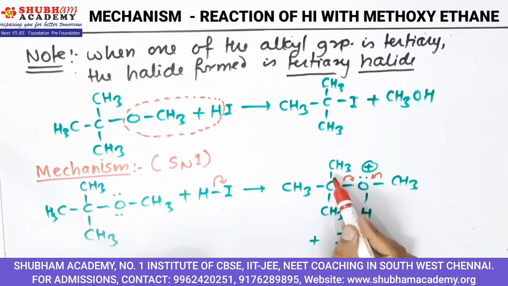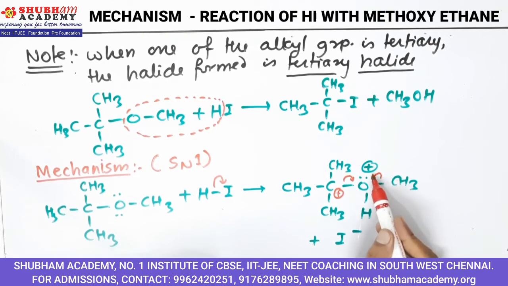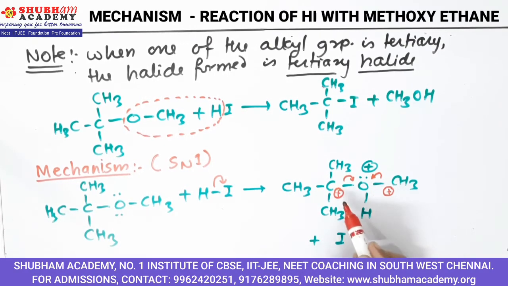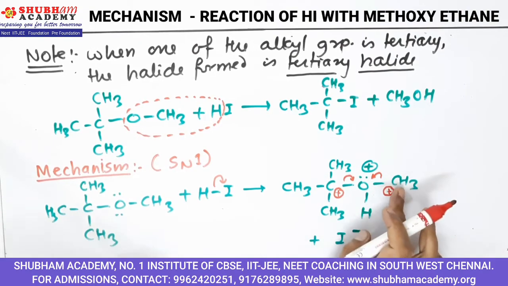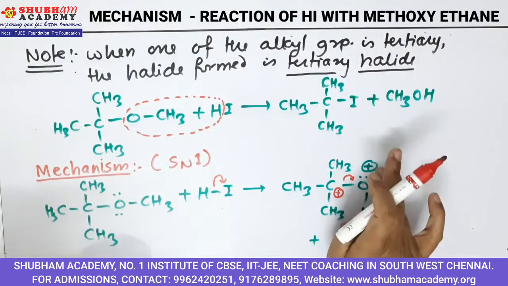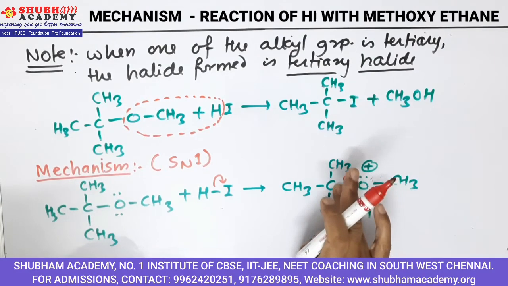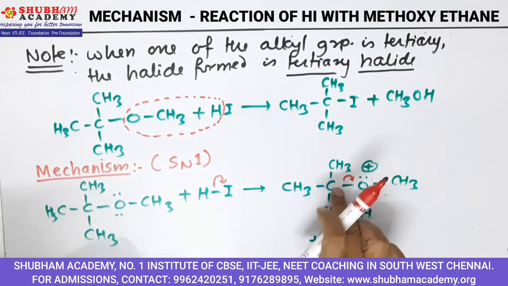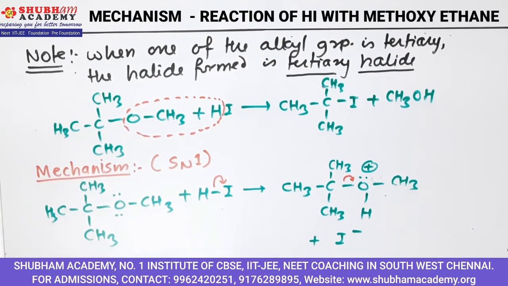What type of carbocation? Tertiary carbocation. And if I am breaking this bond in this direction, then I get a positive charge here and I get a primary carbocation. Now, since tertiary carbocation is more stable than primary carbocation, this bond is broken rather than this. So, this bond is broken.